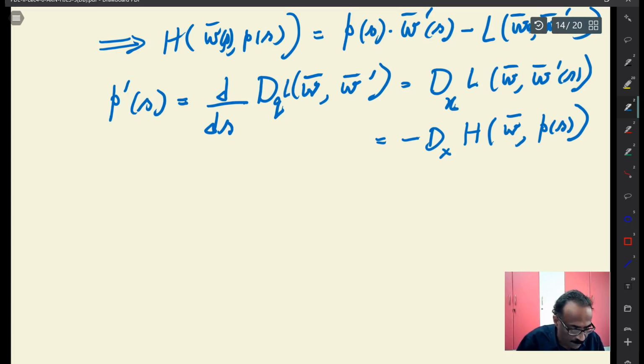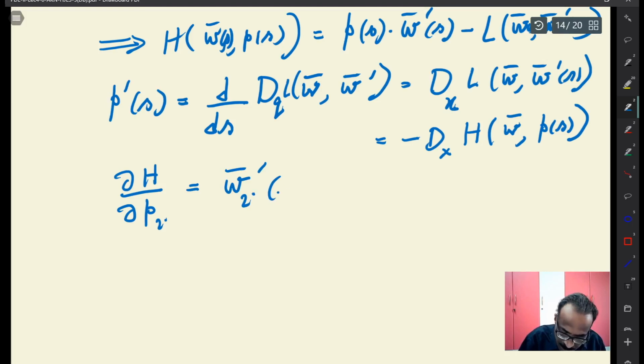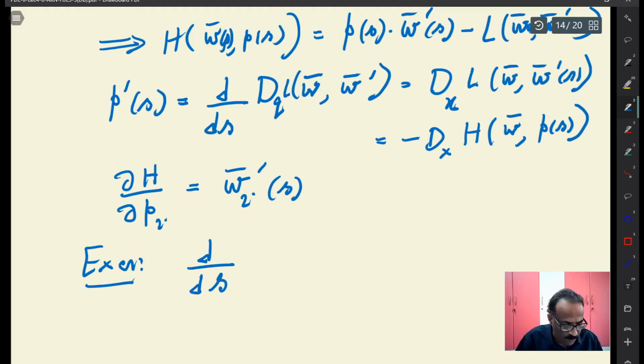And we can also prove that if you compute your dH by dPi, you can easily show that W bar prime of S. As an exercise, you can check this. I have done it a little bit quickly, but go through our book for any error.